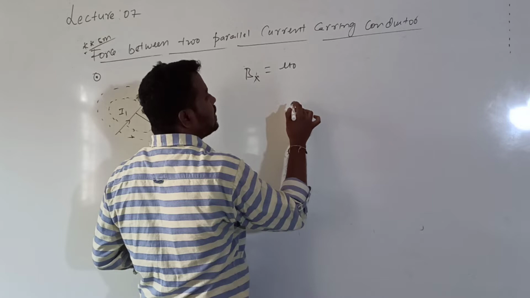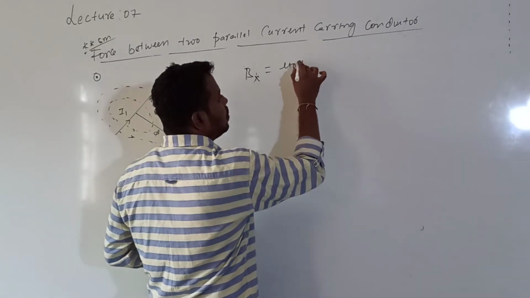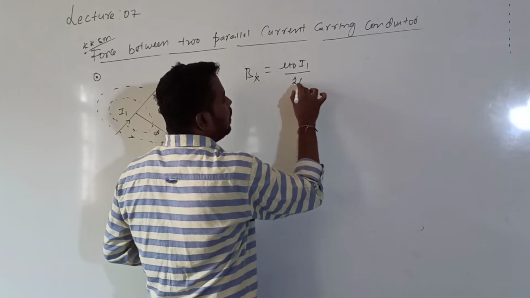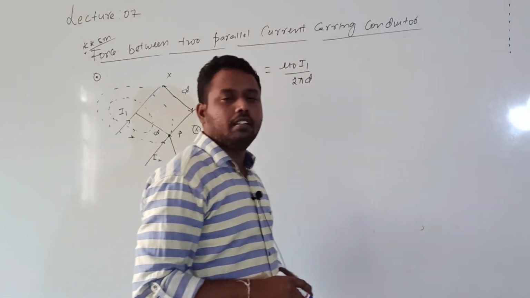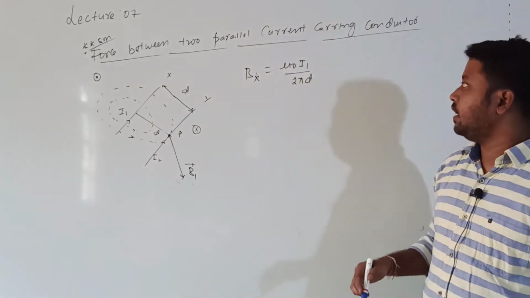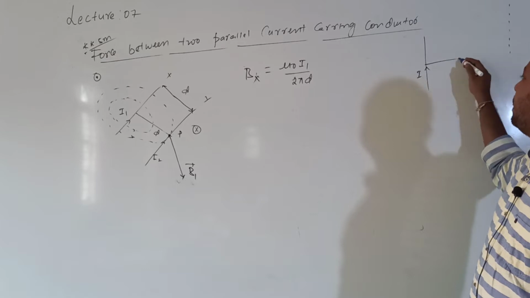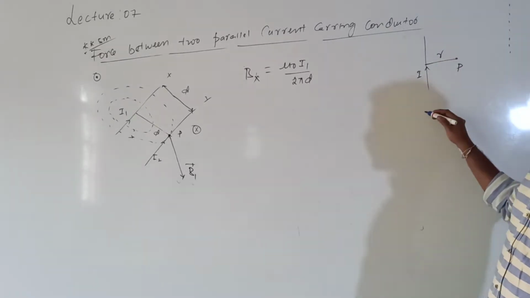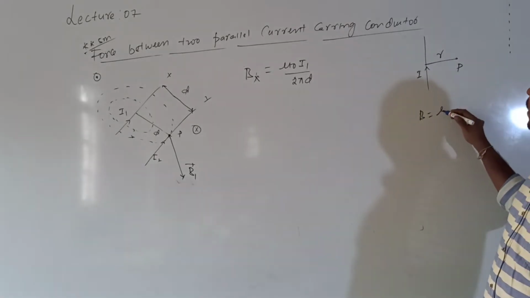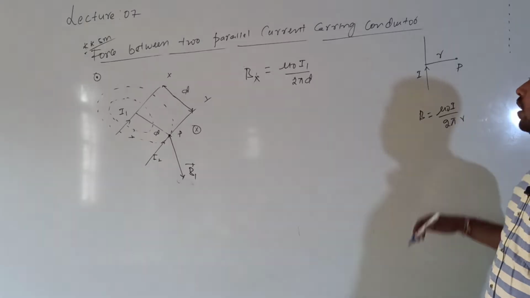Magnetic field due to a straight current carrying conductor. What is the formula? Mu naught into I1 divided by 2 into pi into d. Do you know this? In yesterday's class we have seen, according to Ampere's circuit law, when a conductor carries a current, the magnetic field at a point P, which is at a distance r, is given by mu naught into I divided by 2 into pi into r.